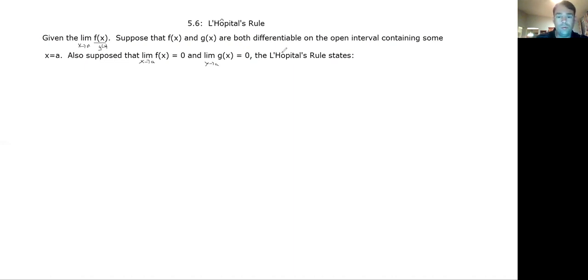L'Hôpital's rule states that the limit, and by the way, this is only one form of L'Hôpital's. We'll get to the other one in a second. We're going to look at the two cases of L'Hôpital's rule, because again, it's really slick.